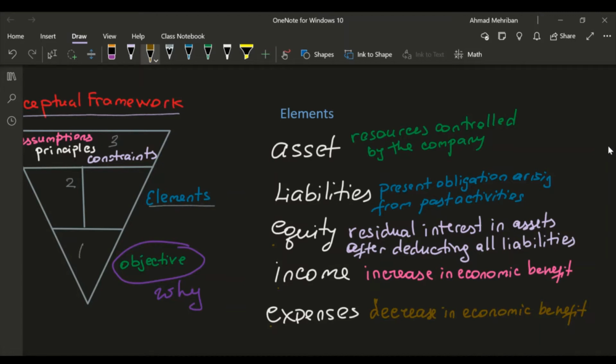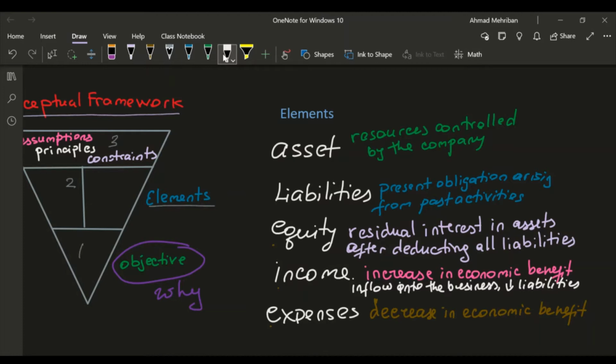Income is an increase in economic benefit, the increase in economic benefit that eventually will lead into the inflow. Let me just write it down so that it will be clear. So inflow of cash, or not necessarily cash, inflow into the business, and also a decrease in liabilities, whereas expenses are the events that eventually result in outflow.